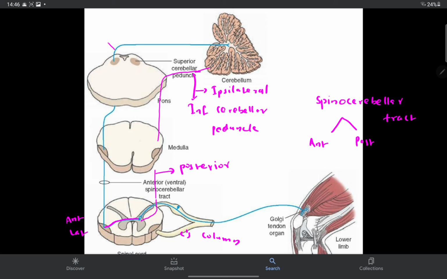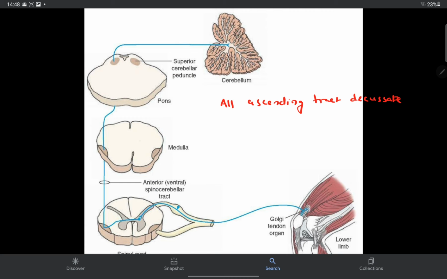It enters the cerebellum on the ipsilateral side through the superior cerebellar peduncle. So we can say that all the ascending tracts decussate except the posterior spinocerebellar tract.